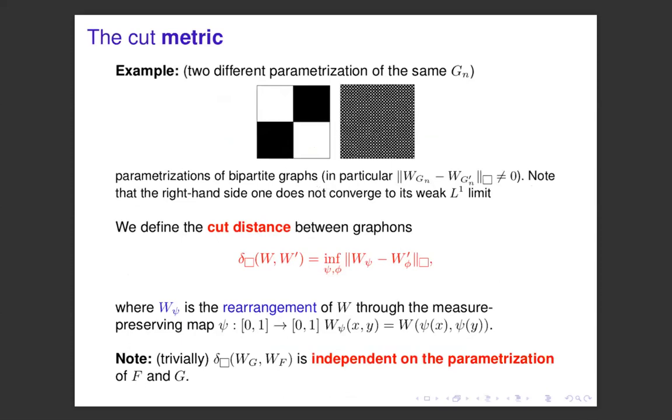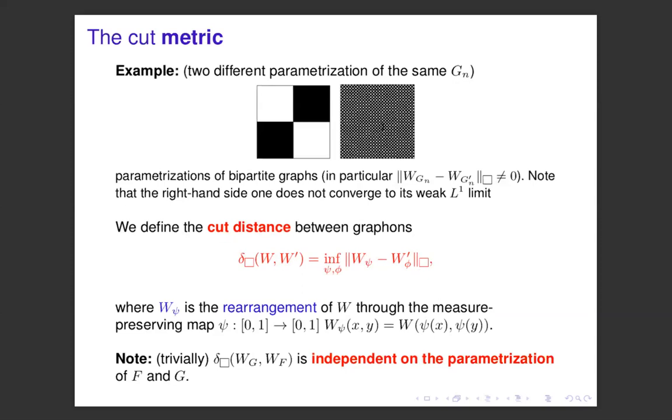Here we concentrate the nodes with connections on the two halves of 0,1, while here we mix them. So this one is constant actually, while here, as n increases, this converges weakly to the constant 1/2, and we see that it does not converge in the cut norm to its weak limit.